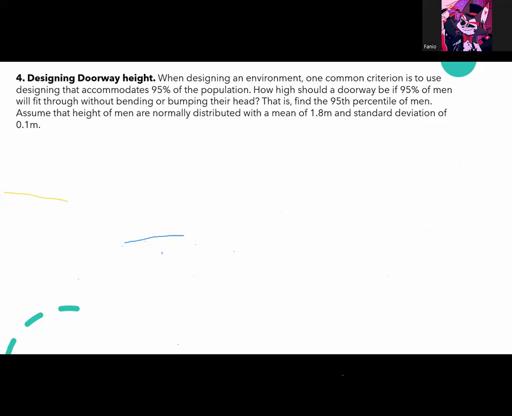Okay. Can you explain it? So I think it's just finding the exact height and measurement of the average height of men. I think that's what it's saying.